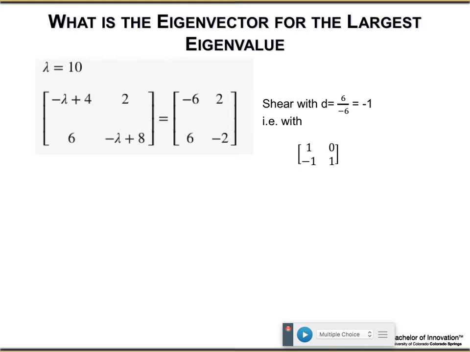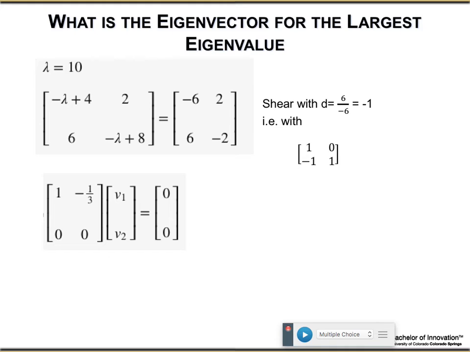Now I keep forgetting because when I learn this, I do it with row echelon form. So I'm not going to shear with that matrix. I'm going to multiply by a matrix that also makes the top row have a 1 value. So actually I'm going to use the matrix 1, 6, 0, minus 1, 1. When I multiply it by that, I get a matrix that looks like 1, minus 1/3, 0, 0.